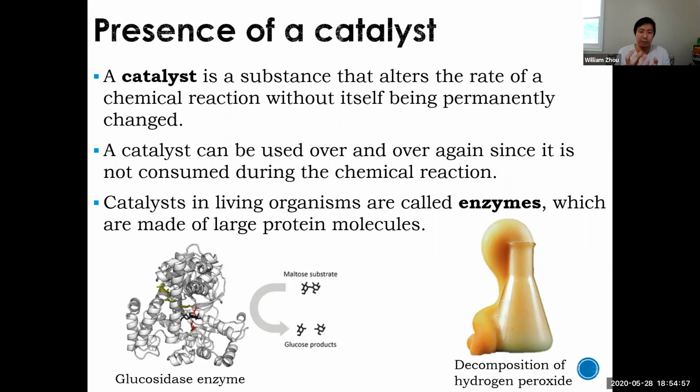So all they have to do is just change the shape a little bit and they will react. So this will drastically increase the rate of reaction. A reaction that normally takes years would occur in a fraction of a second. Okay, so that's the effect of a catalyst. The key thing is a catalyst is not part of the reaction. It is not consumed. It will stay behind and catalyze a new reaction once it's finished.